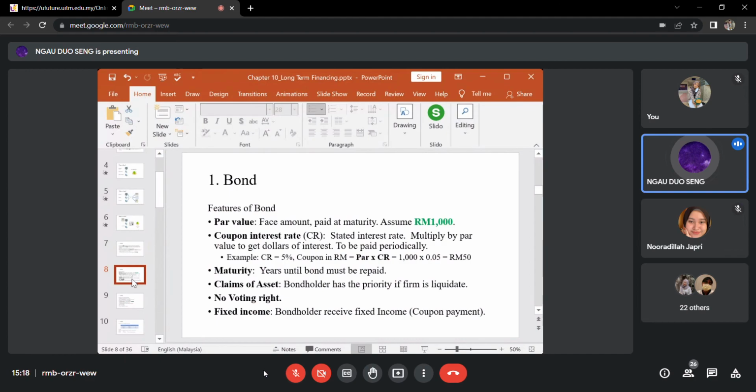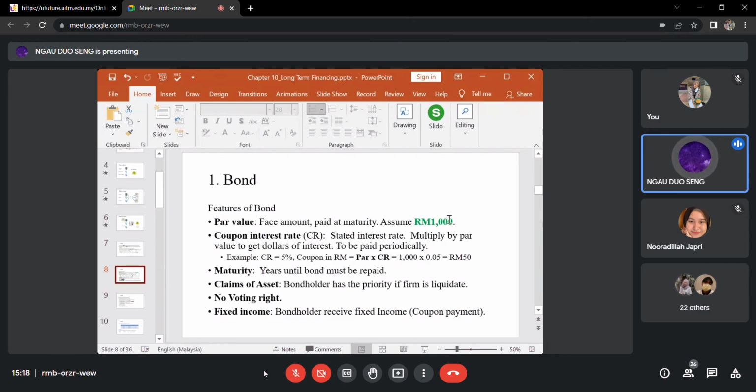Next, we have features of bond. So features of bond, par value, right, face atau kadang-kadang kita panggil dia face amount. Right, paid at maturity, assume 1,000. As I say, if question never mention the par value, kita akan assume par value sama dengan 1,000.